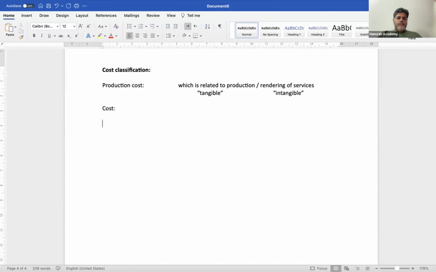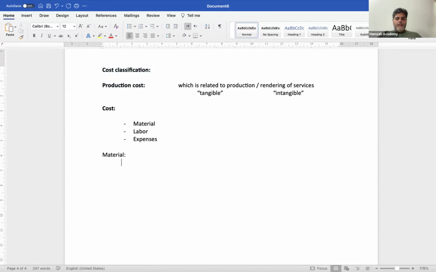And as far as the cost is concerned, we have a material cost, we have a labor cost, and then we have the general expenses as well. Generally speaking, these are the expenses which are not material and not labor.